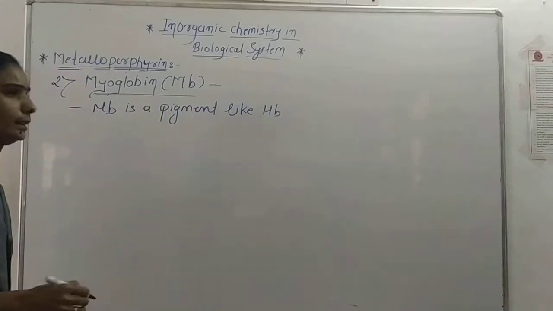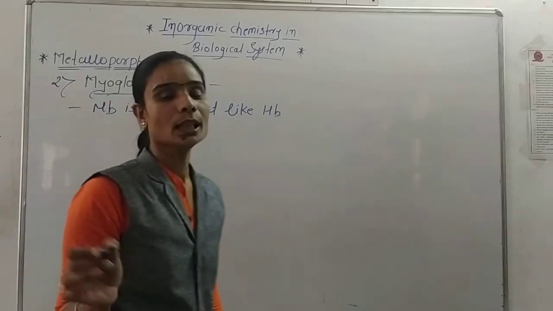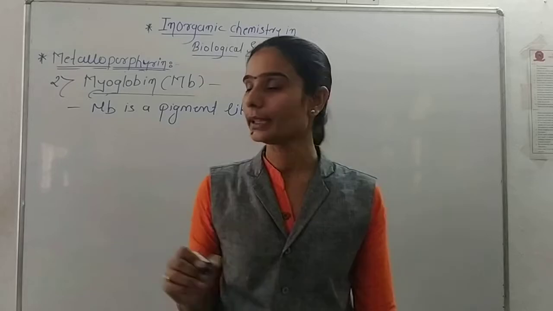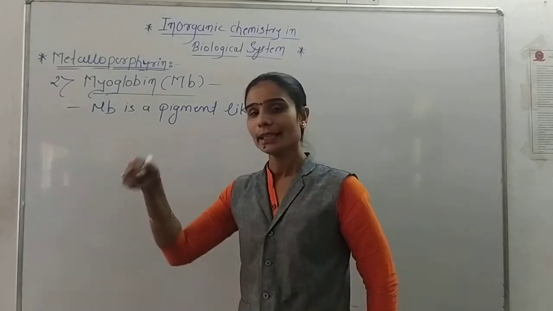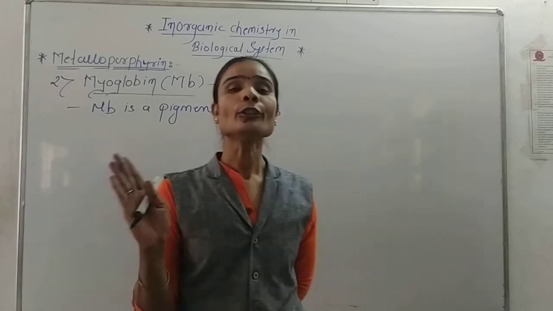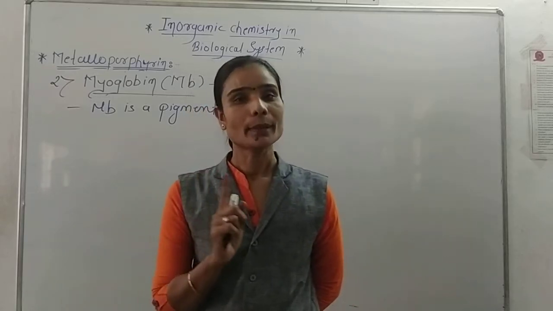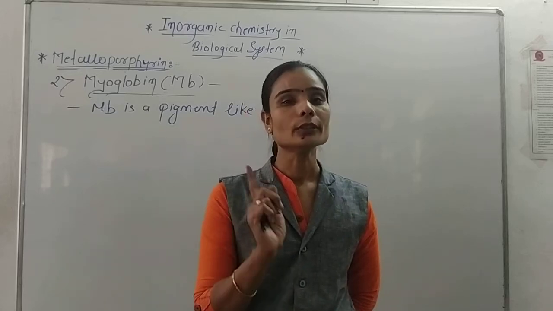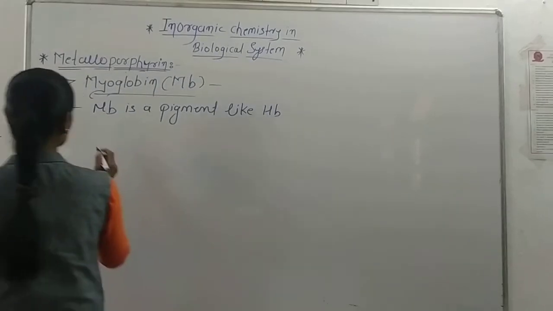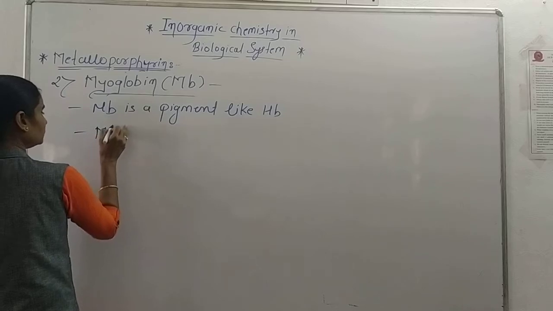This myoglobin is just like hemoglobin, because hemoglobin is also a metalloporphyrin and myoglobin is also a metalloporphyrin. In hemoglobin 4 heme groups are present, but in myoglobin only one heme group is present along with only one globin molecule.